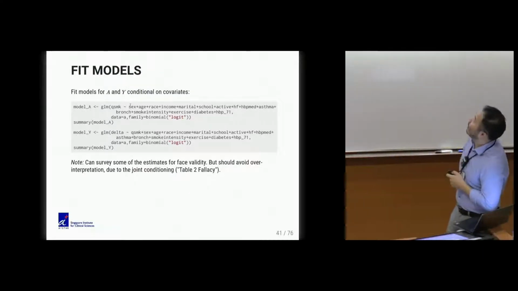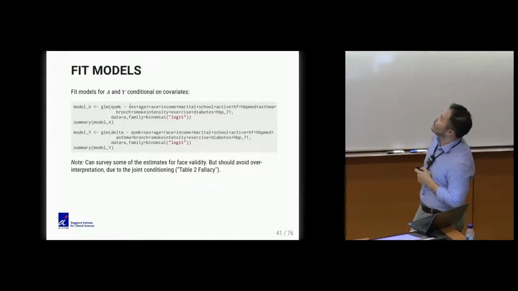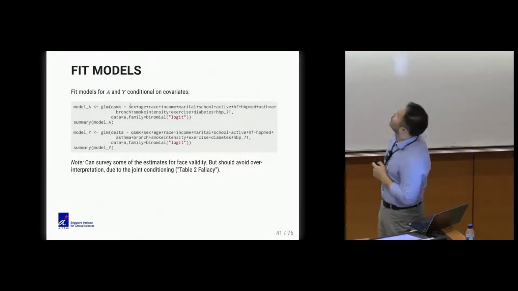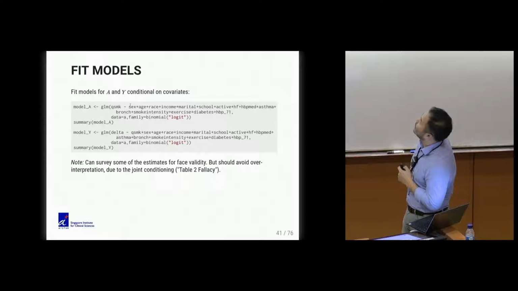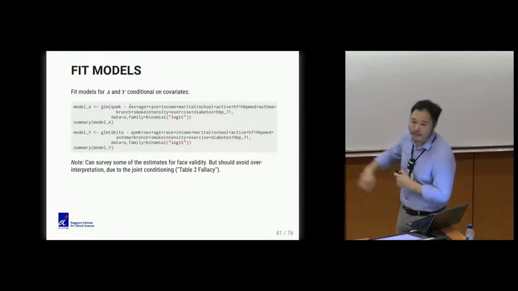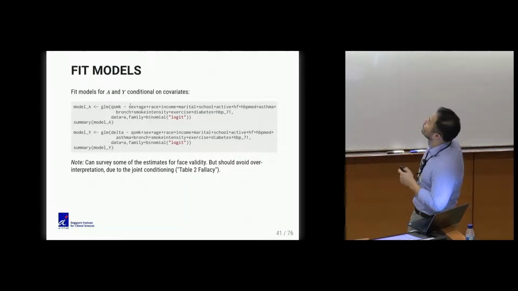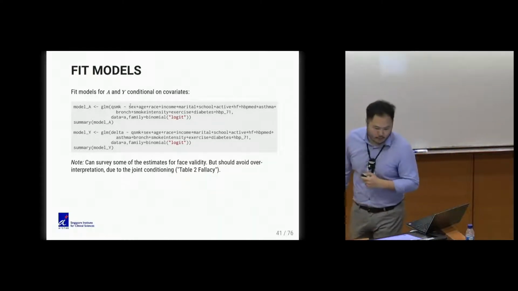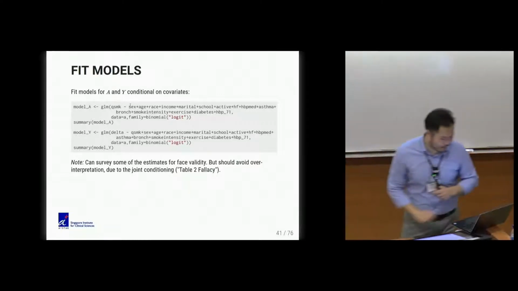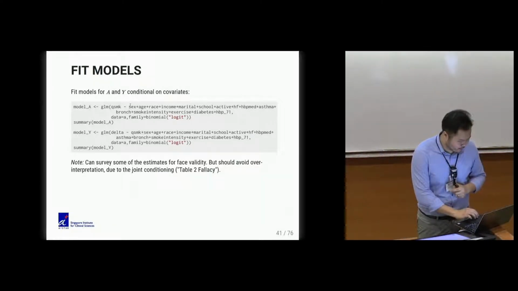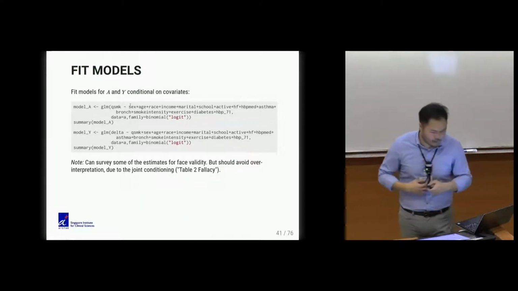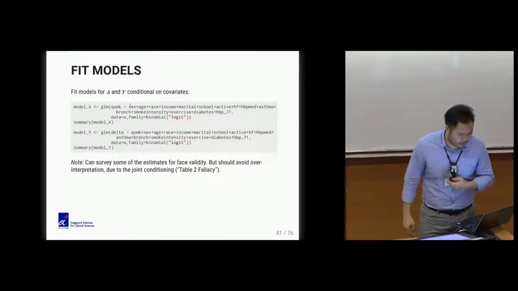So the first step, fit the models for A, which is a logistic regression model of the probability of quitting smoking on the covariates, the confounders, the set of C that we said was sufficient to control confounding. So we fit that model. I didn't put the output there, but you can look for yourself. You can run the models and take a look at the output, and it is what you would expect from a logistic regression model.